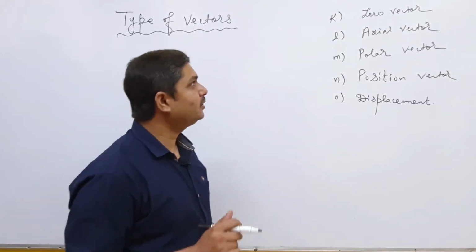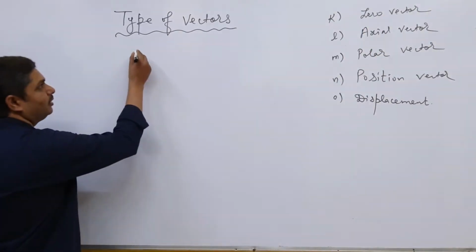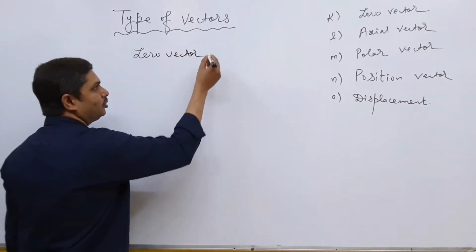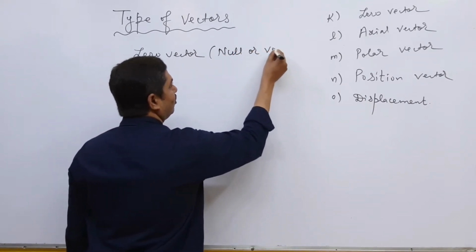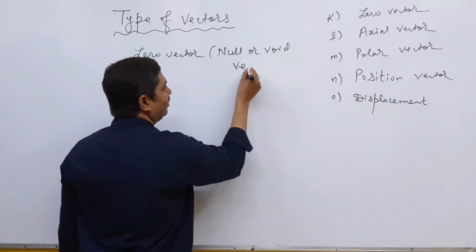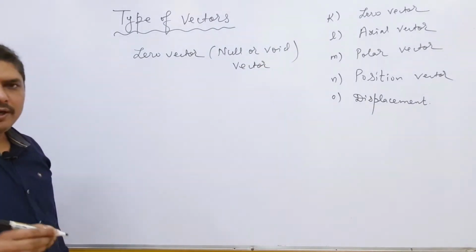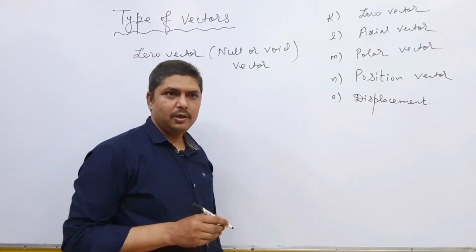Now next is the zero vector. Zero vector is also known as null or void vector. So if a vector has zero magnitude, what happens?